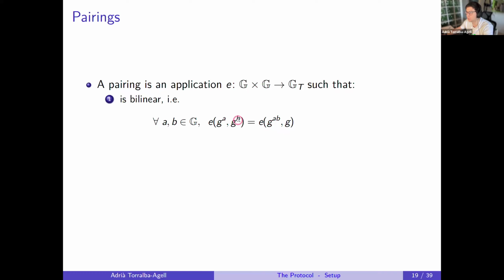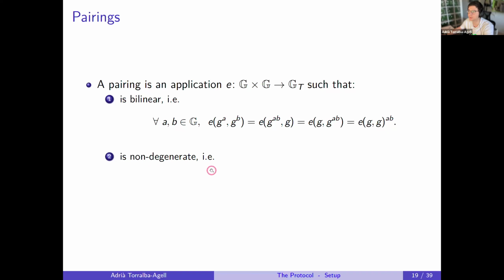This means that we can put this exponent here and move that on the first element, or we can put both of them on the other element, or even we can take that outside of the pairing altogether. Okay, this is the bilinearity property of a pairing. And the second property we ask for a pairing is for this to be non-degenerate.